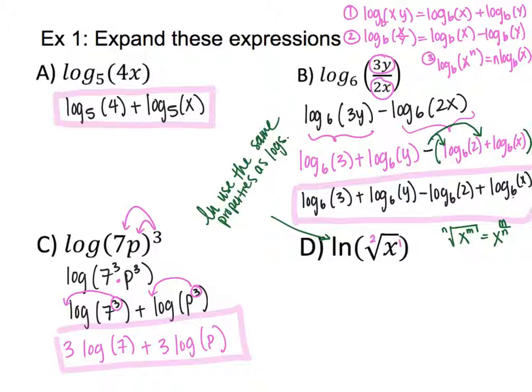So if I were to change this square root of x into an exponent, well, that would be the natural log of x to the 1 over 2. Okay, because 2 is my root, so that goes in the denominator. 1 is my exponent, so that goes in the numerator. And so I could easily change that to an exponent. So that's a handy formula to rearrange roots to exponents. Because once I see that there is an exponent, then I put this exponent in the front to try to expand it further.